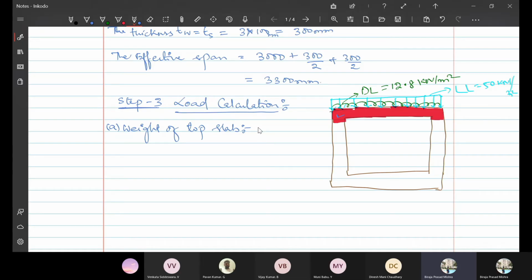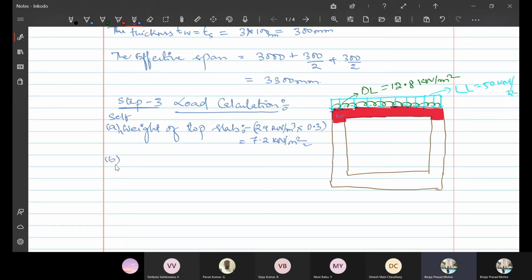The density of concrete is 24 kilonewton per meter cube, into the thickness we have taken, 0.3. So that becomes 7.2 kilonewton per meter square. That is the self weight of the top slab.